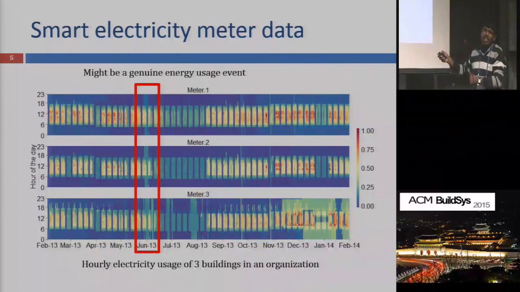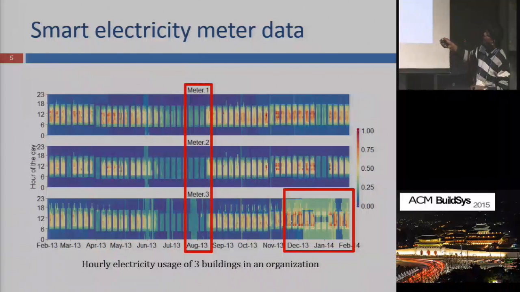And in this other case, there is an abnormal usage only in this building. It is not reflected in other buildings, and this could be a potential anomalous usage.